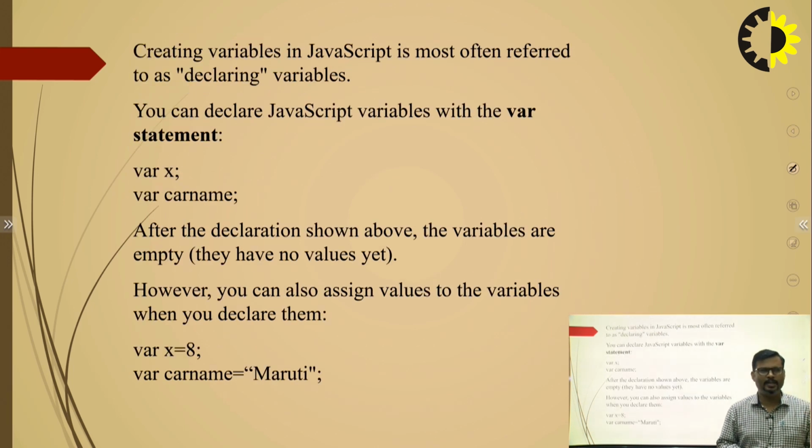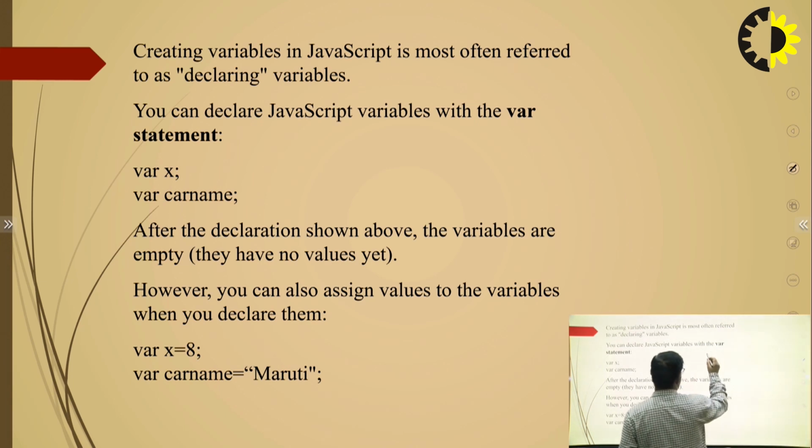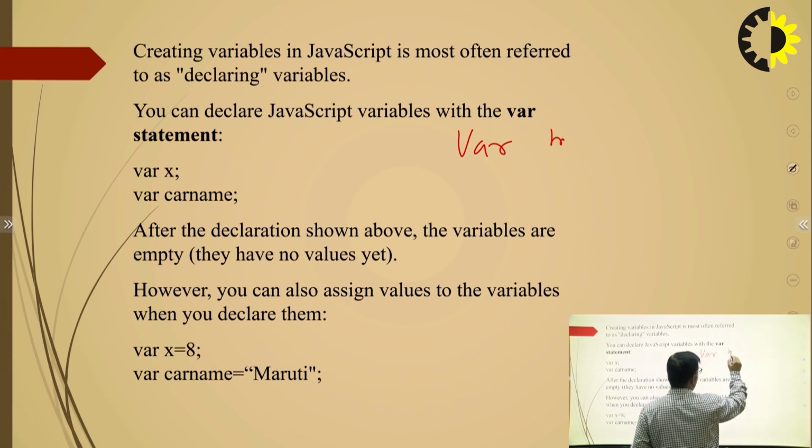Then creating a variable in JavaScript is most often referred to as declaring the variable. You can declare a JavaScript variable with the var statement. So here, suppose that we want to use a variable, then var x, var y.